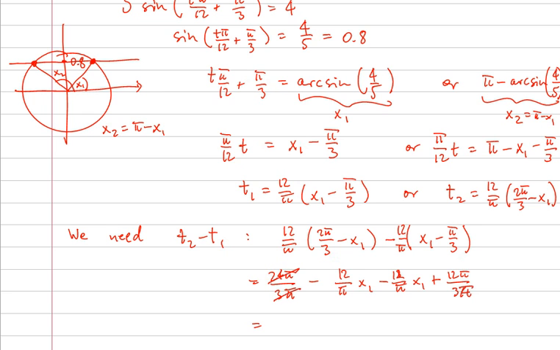So 24 pi over 3 pi is 8, 12 pi over 3 pi is 4, so 8 plus 4 is 12. So 12 minus, and then I sum these two, this is twice 12 over pi, so 24 over pi x1. So this is 12 minus 24 over pi, and the x1 was arc sine 4 over 5.